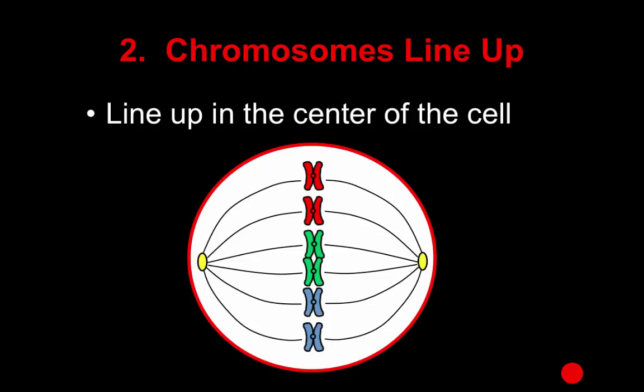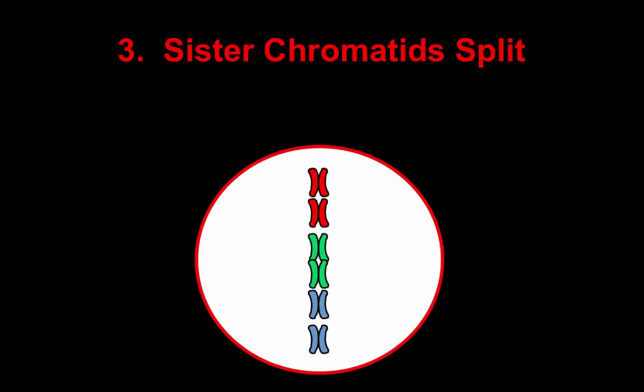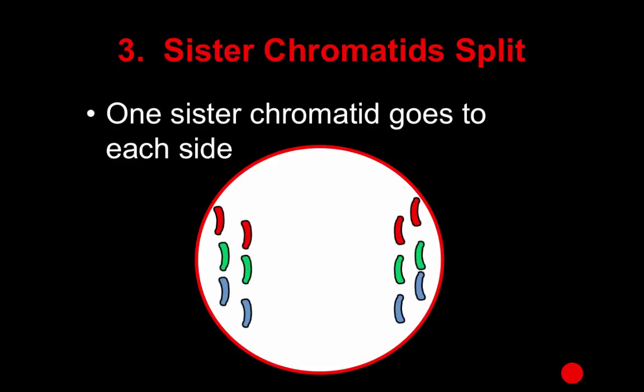They latch on to the two sides of the sister chromosomes, and they're going to pull the chromatids to opposite ends of the cell. So here we have the sister chromatids split. If you notice, each side of the cell now has 6 chromosomes. That's the same as the original number of chromosomes. And this is how we're able to create two identical new cells.